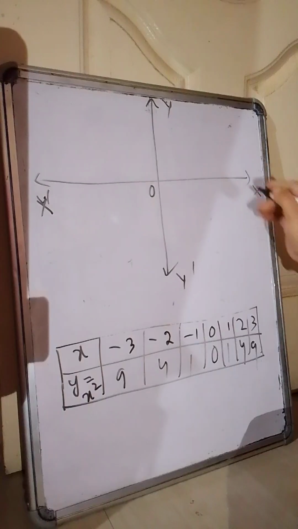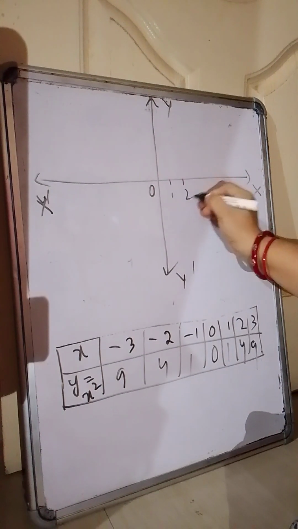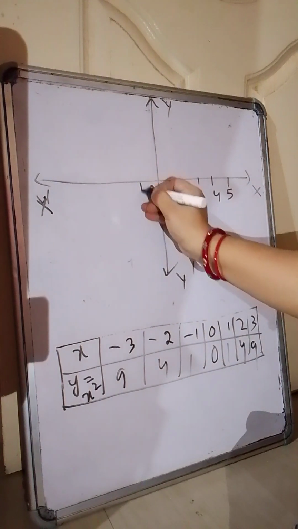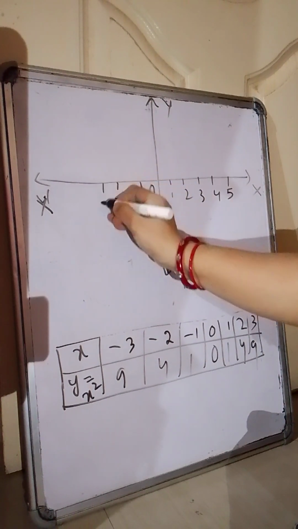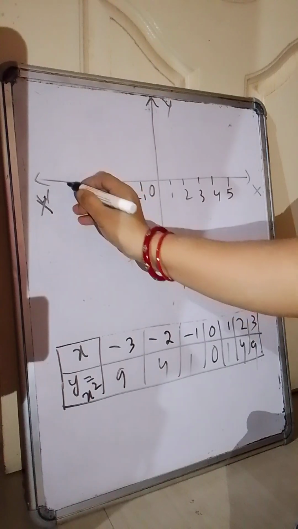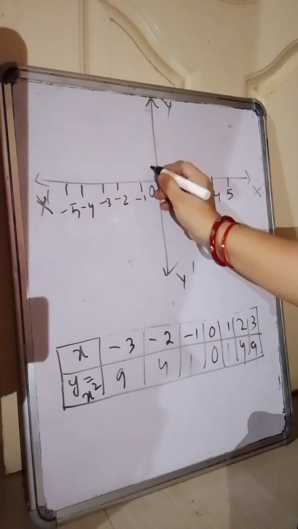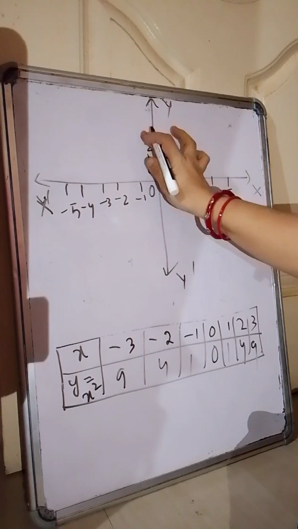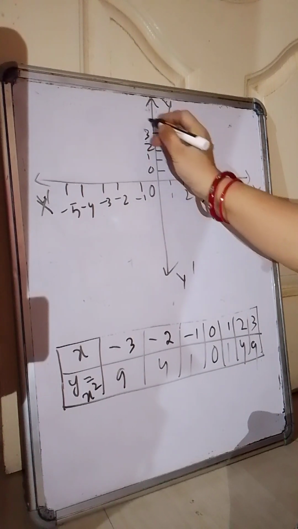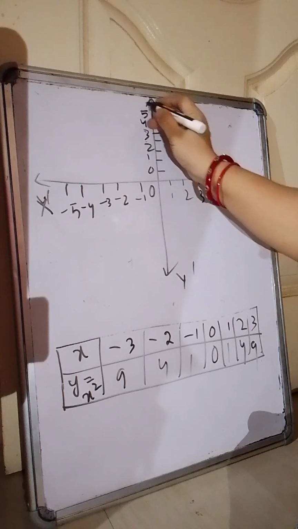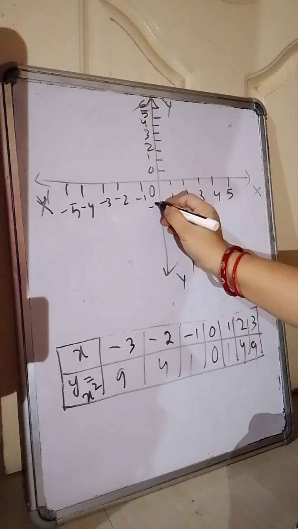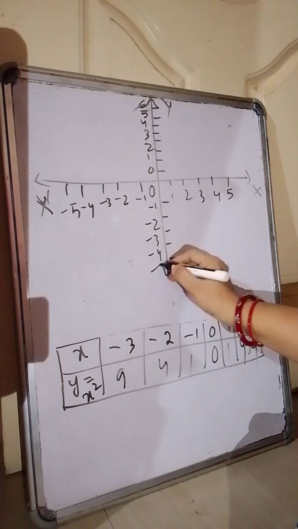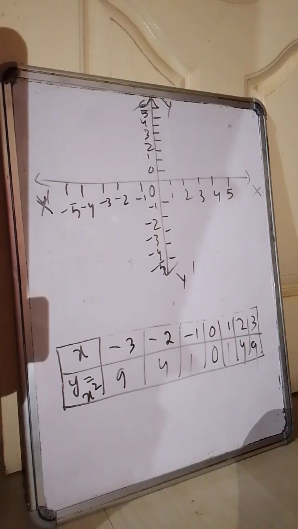Now you take the values, this is 1 2 3 4 5, here -1 -2 -3 -4 -5, and along the other axis 0 1 2 3 4 5 6, and -1 -2 -3 -4 -5, like this.